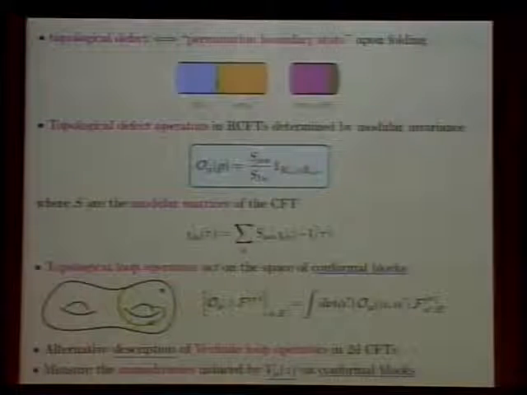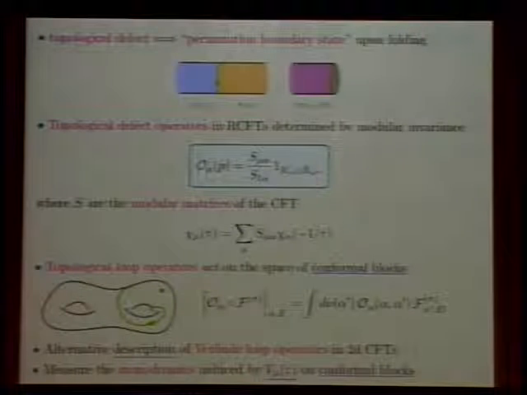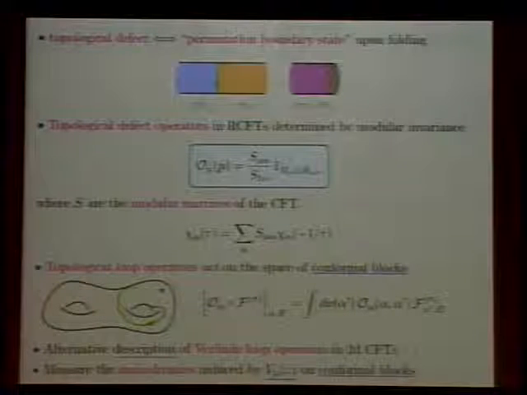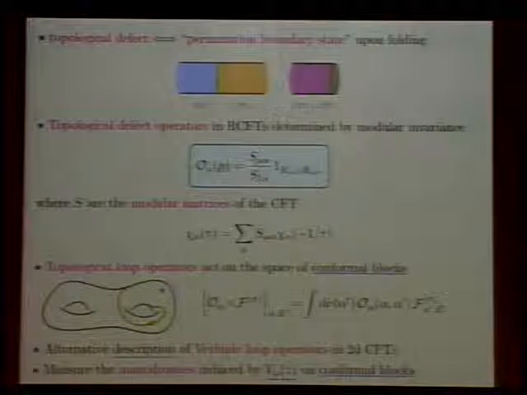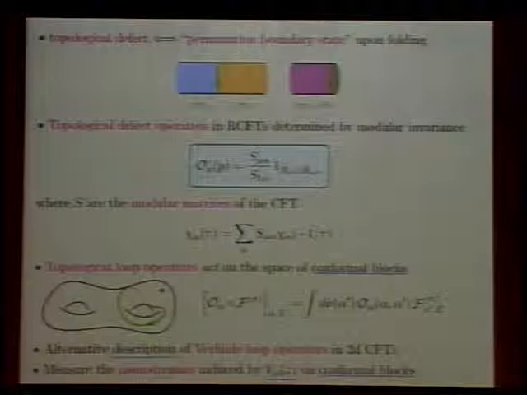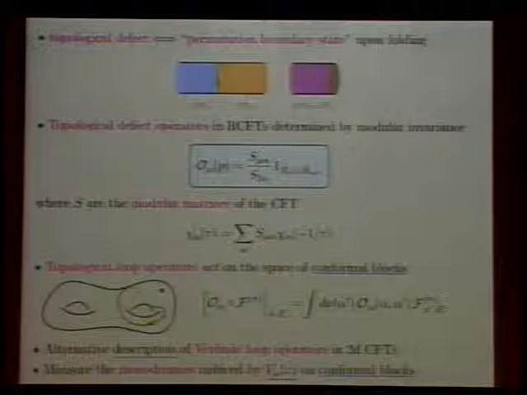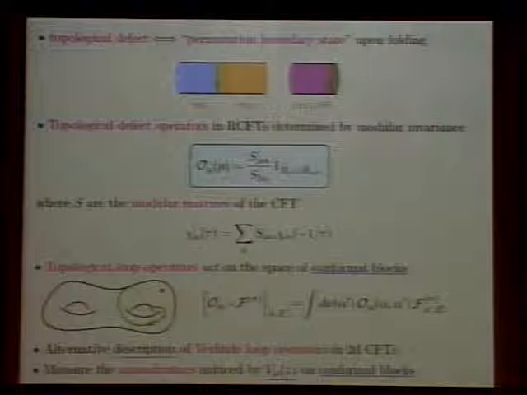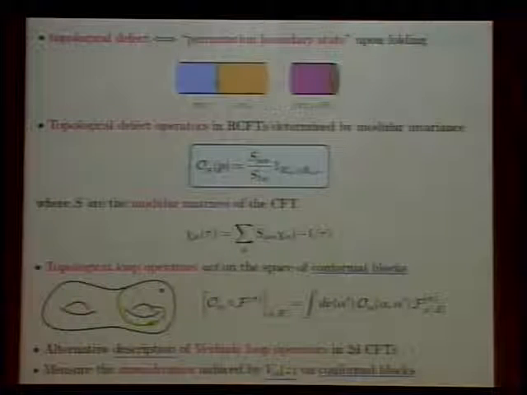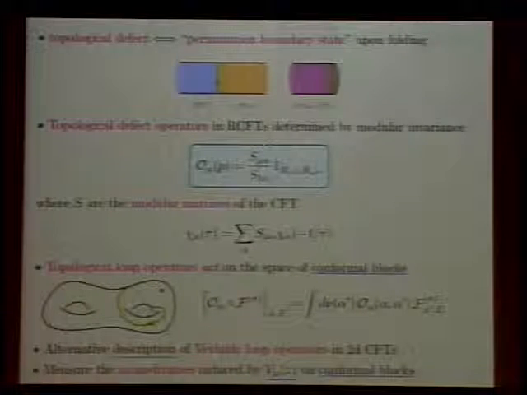And these are given by this ratio of what are called the modular matrices of the CFT, which essentially relate the characters of the various representations of your CFT on the torus, how they transform under a modular transformation. So this very simple expression for these loop operators is valid whenever the curve that the operator is defined on wraps a tube in the pants decomposition of the Riemann surface. Because then this operator is in some sense just measuring the quantum number that's propagating across the tube.